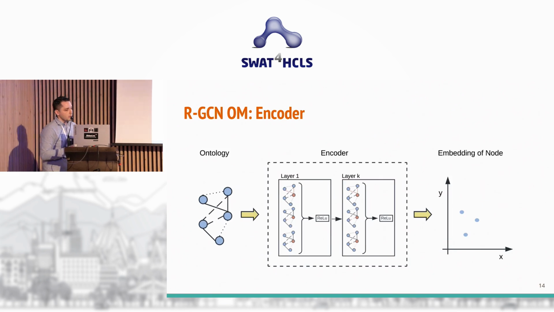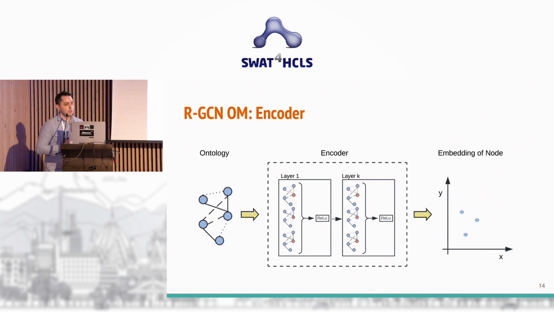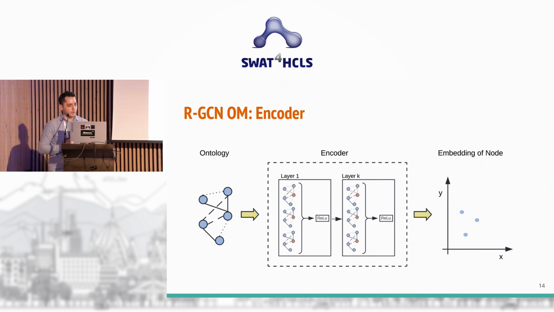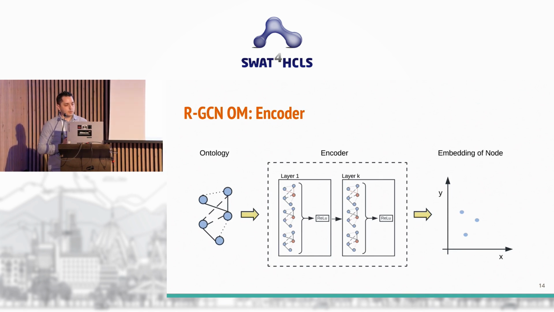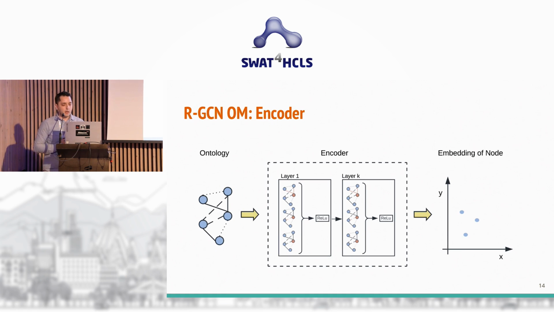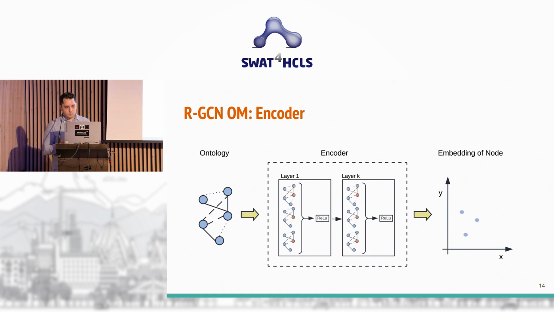The encoder, the R-GCN for ontology mapping encoder, looks as follows. We take one ontology, and this is the GCN part that I was showing you. We put it through K layers of encoder, and at the output of that, we have these node embeddings for a single ontology.